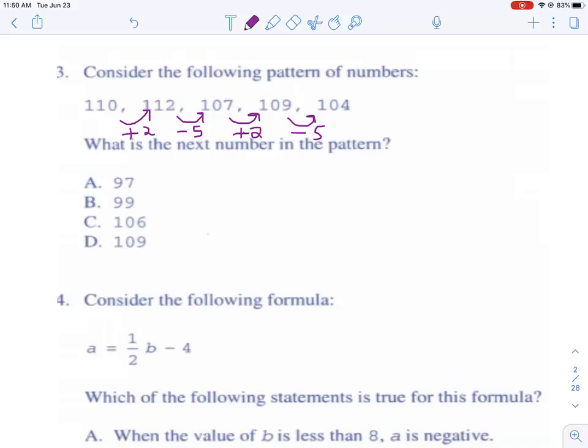So if you look, it seems like the next one should go up by 2. So our answer would be C.